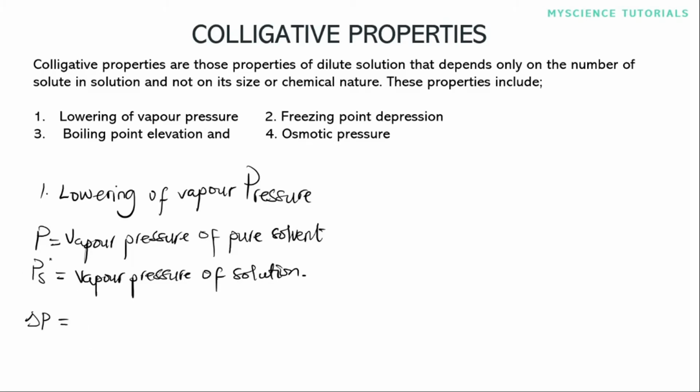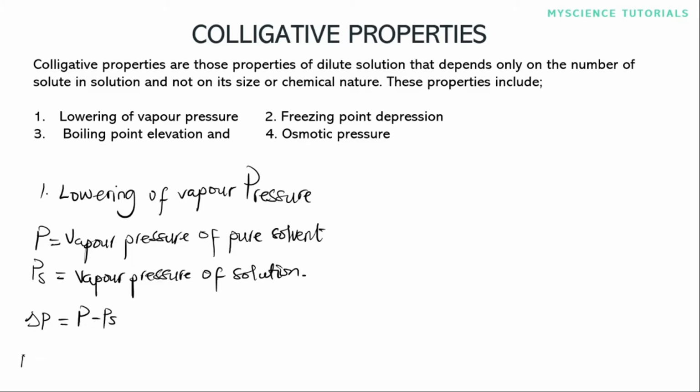The vapor pressure of the solution will be less than the vapor pressure of the solvent because we are having the vapor pressure being lowered. So we have P minus Ps as the vapor pressure lowering or the vapor pressure depression.